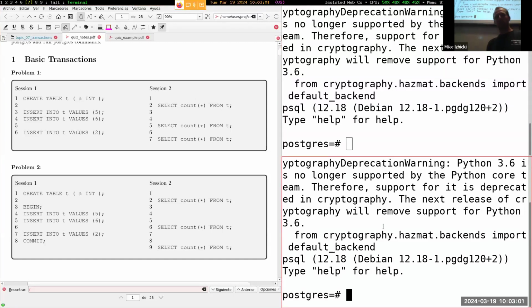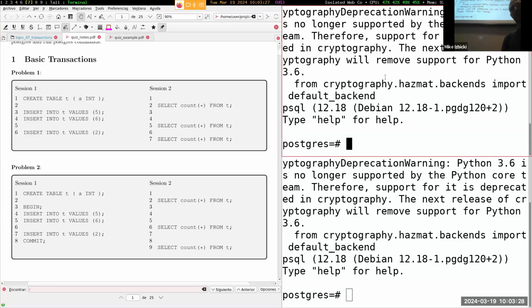The line numbers here, in this case going from 1 to 6 on the left-hand side, 1 to 7 on the right-hand side, you should think of them as time. You start running these commands from top to bottom, and on each number there's going to be a command in exactly one of these sessions. So at the very beginning, in problem 1, I have a command on line 1 that's in session 1.